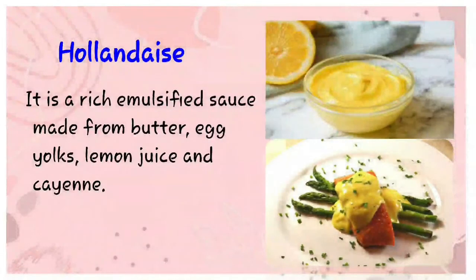The next sauce is the hollandaise sauce. It is a rich emulsified sauce made from butter, egg yolks, lemon juice, and cayenne. So as you can see for our example, it is also a type of an emulsion sauce.